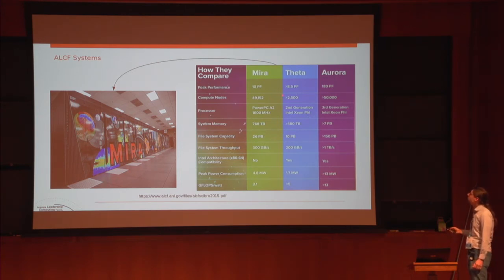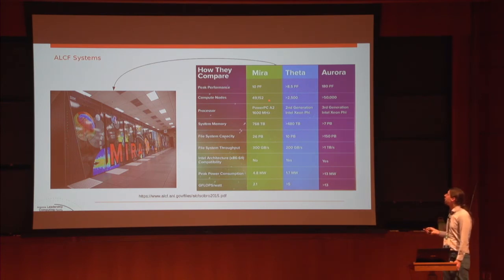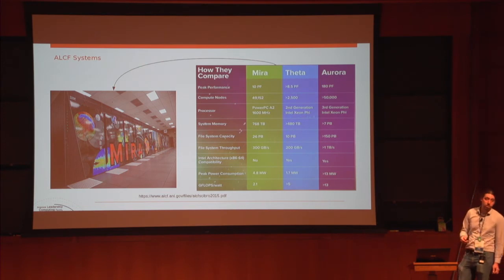Right now we have a system on the order of 10 petaflops, and over the next few years we're increasing that by an order of magnitude. So you should expect an order of magnitude increase in the amount of compute available, and a similar increase in the amount of RAM on these systems.